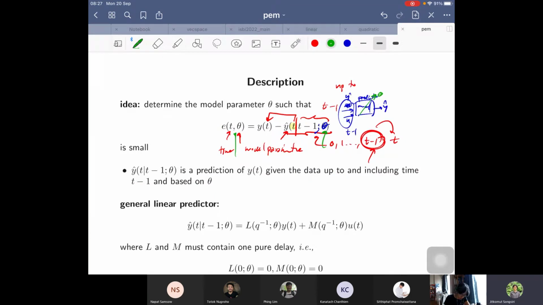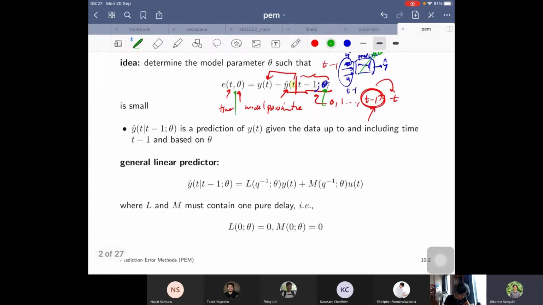So for the predictor term, the general form is the following. The general form requires two inputs. Don't be confused with the term input of the system. You have input u and output y.